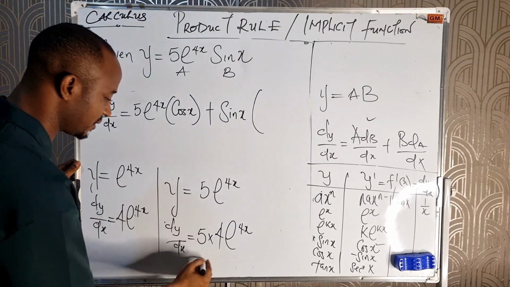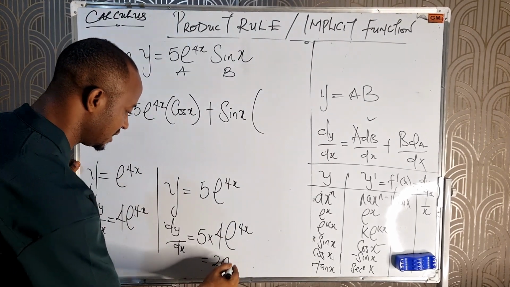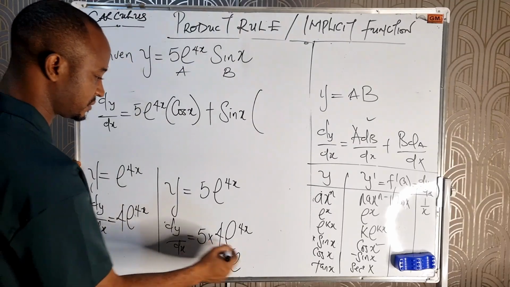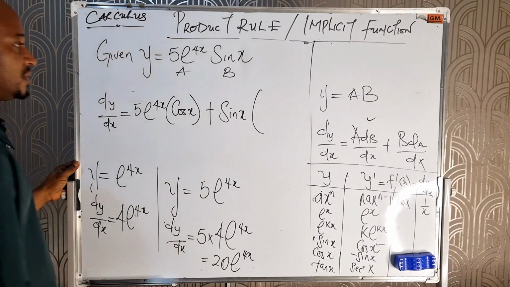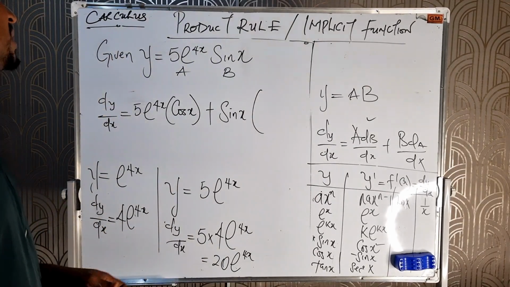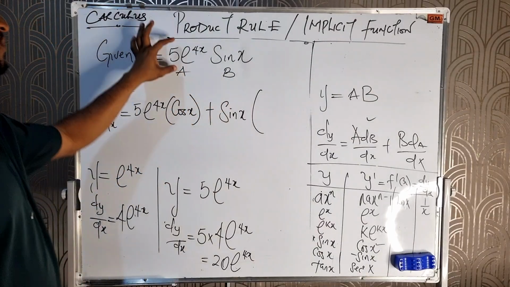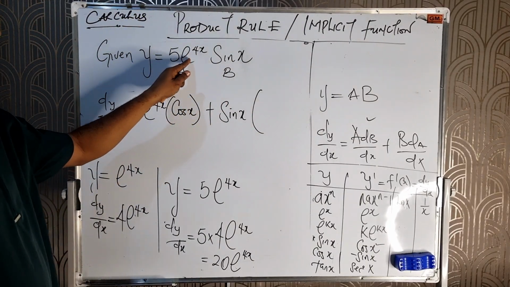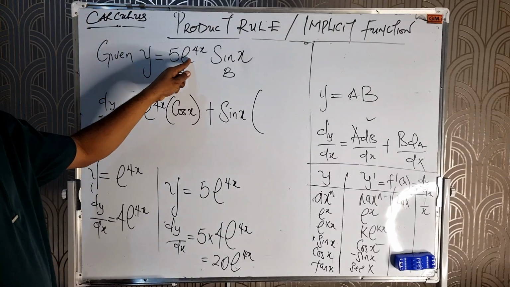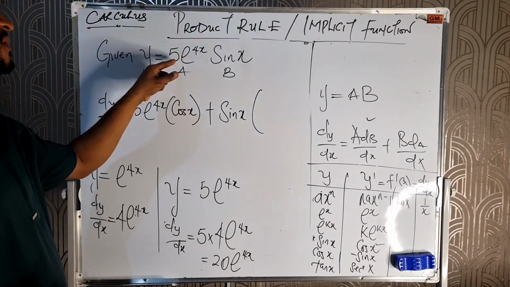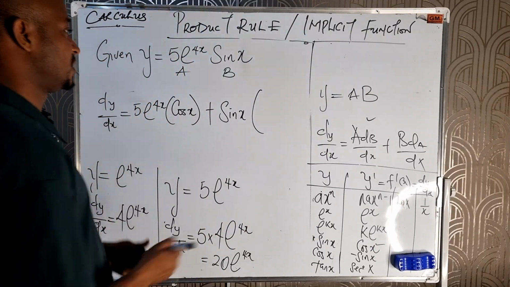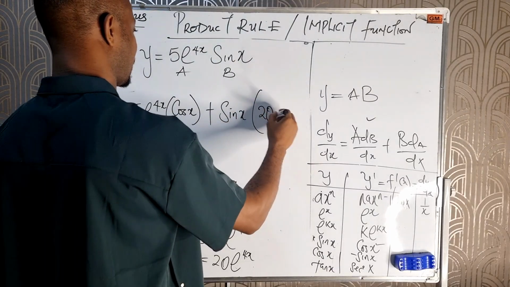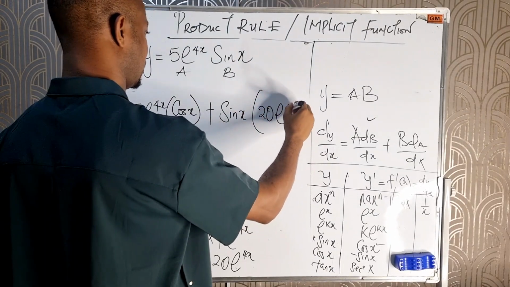That will give us 20 exponential 4x. So when we keep this constant and differentiate this, the answer is 20 exponential 4x. For this alone, the answer is 4 exponential 4x, so 4 times 5 gives us 20, right?